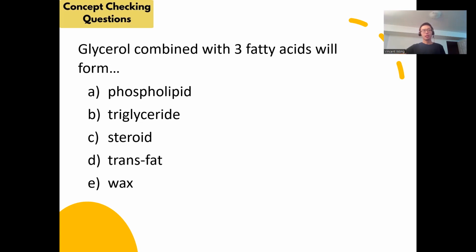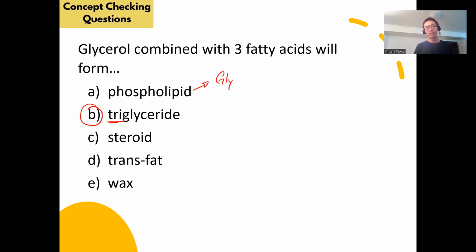Here we go. Glycerol combines with 3 fatty acids to form what? The correct answer is triglyceride. Tri means 3, like a triangle has 3 sides, a tricycle has 3 wheels. Triglyceride: there are 3 fatty acids. Some people chose A. A is not correct.